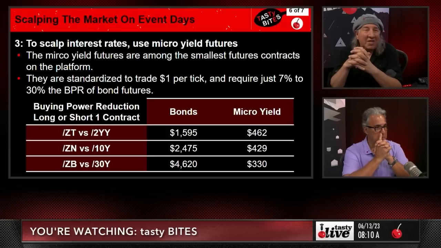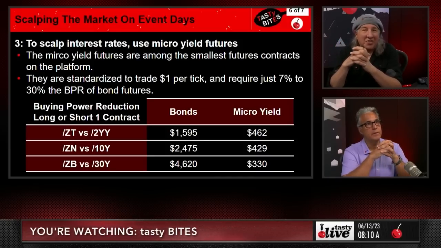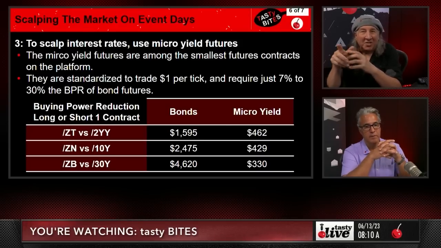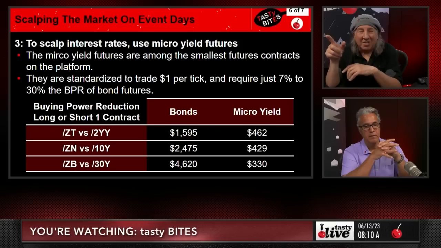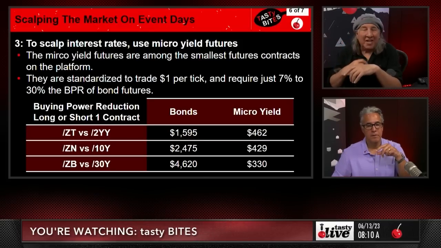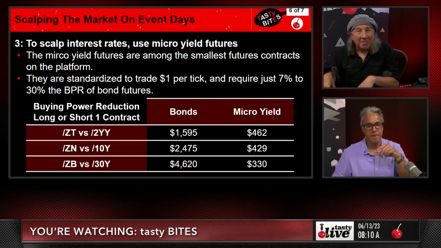These are all a little bit different. The ZN to the 10-year yield is 2,400 to 400, and the ZB to the 30-year yield is 4,000 to 300. If you're wondering why, it's because they're yield based, so those are all the same size.